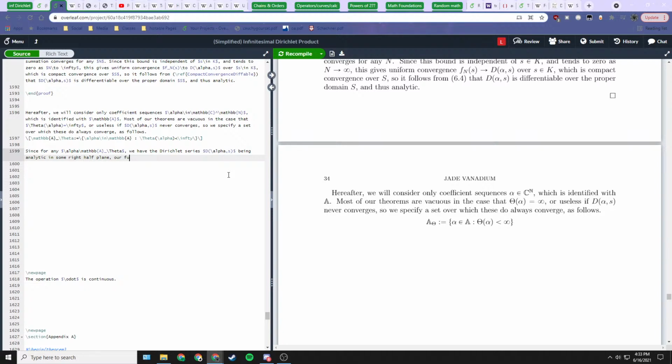So our functions, our Dirichlet series, are subject to the identity theorem.